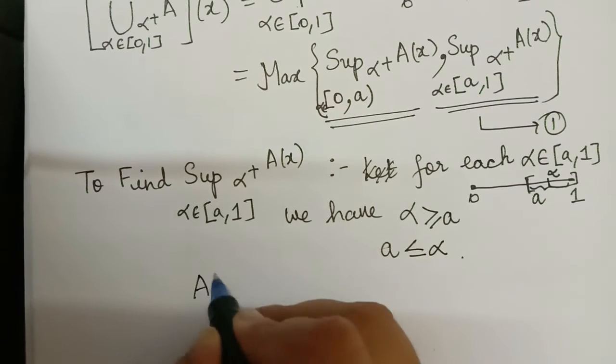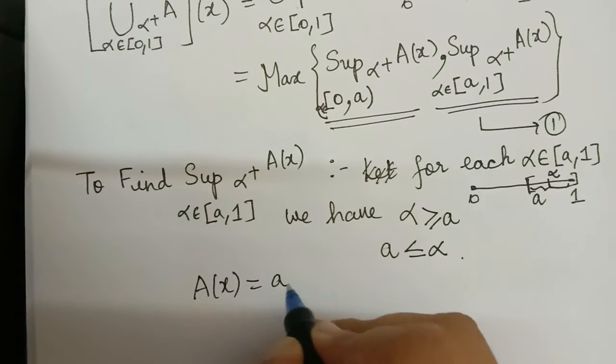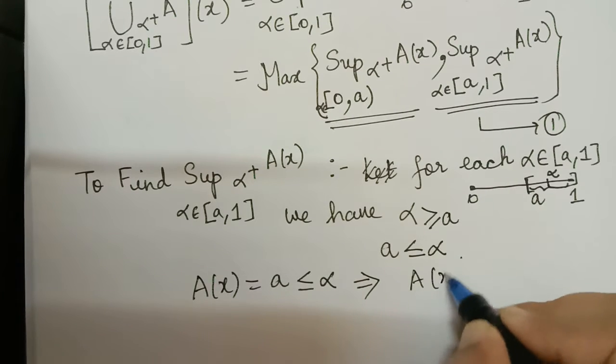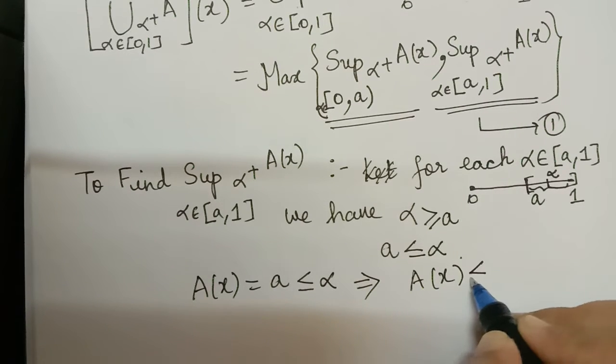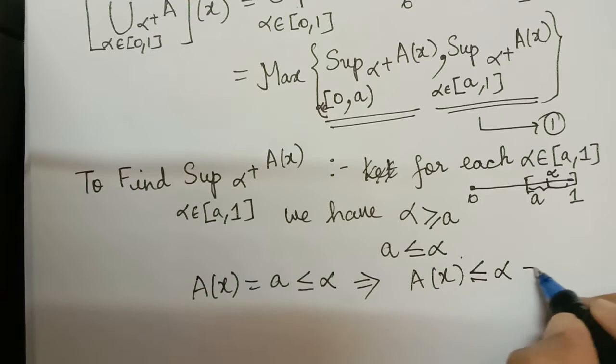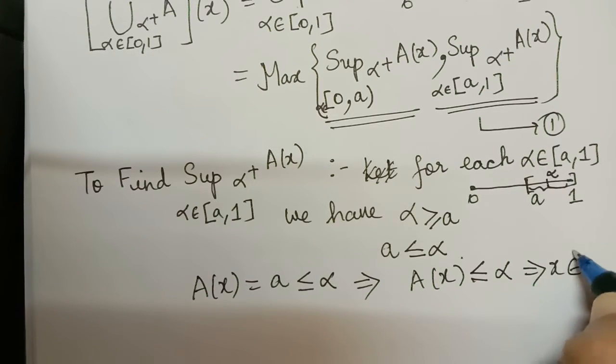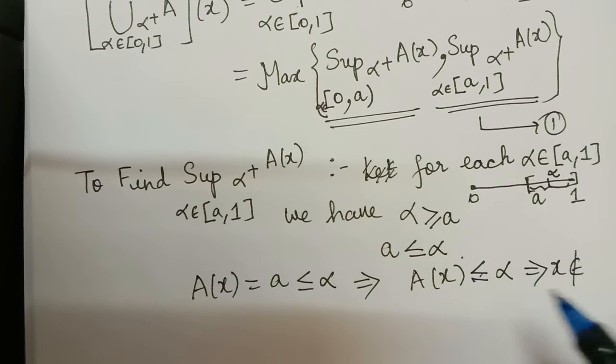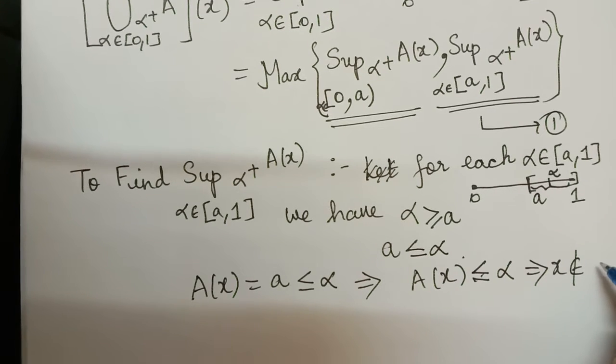Now what is A of x? A of x is equal to a, and this a is less than or equal to alpha. So we can say that A of x is less than or equal to alpha, which implies x is not an element of the strong alpha cut of A, because we have less than or equal to.